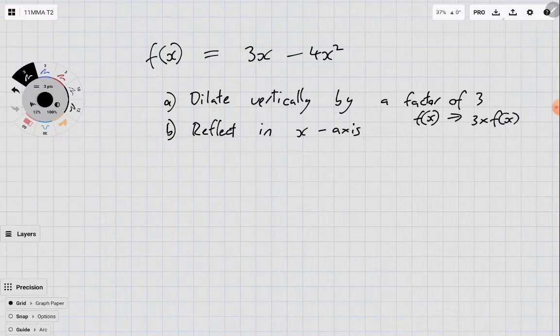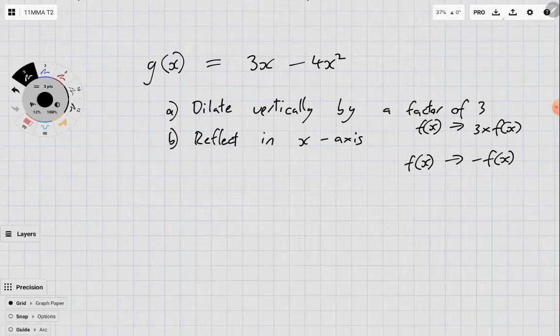And for the reflection in the x-axis, f of x is going to become negative f of x. Okay, so those are the transformations. I'm going to change this f of x to a g of x, just to avoid confusion. So, part A, to dilate it vertically by a factor of 3, g of x becomes 3 times g of x.